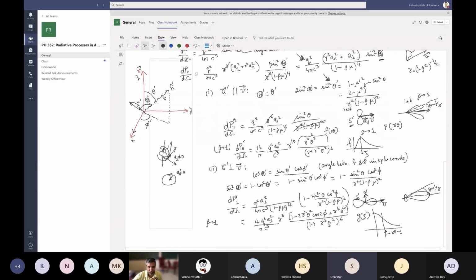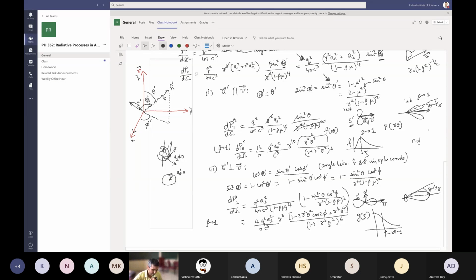Yes please. In the case of the dipole formula, we have a parallel in the direction of v. In the case of a simple linear dipole, that's correct.